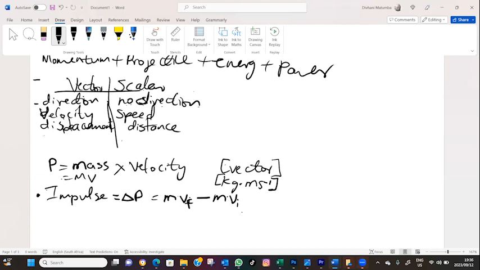According to Newton's second law, to be precise, impulse can also be written in the form F times time.